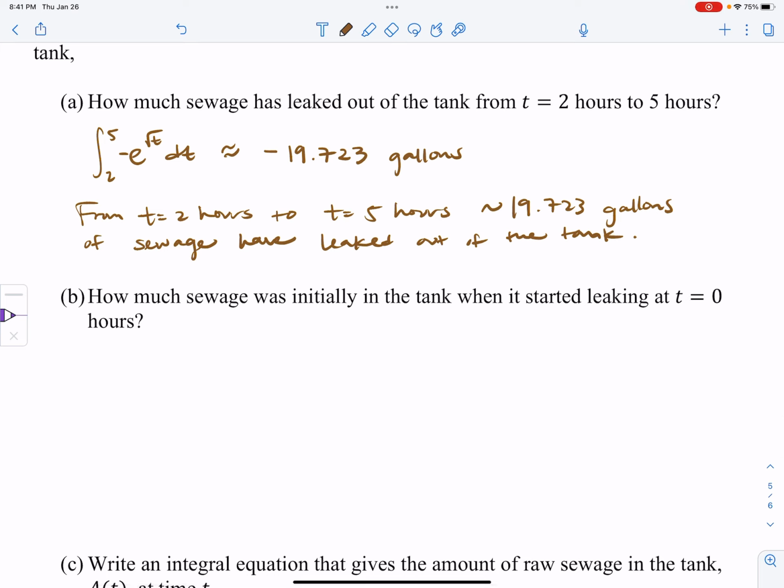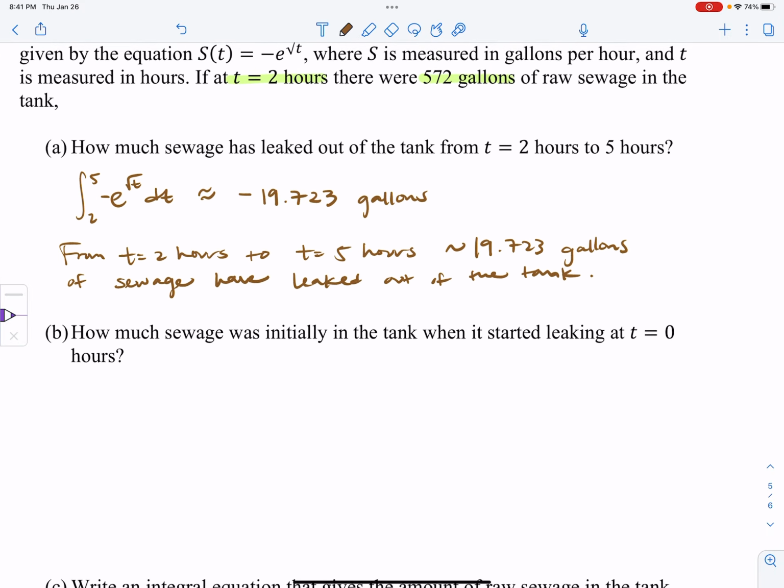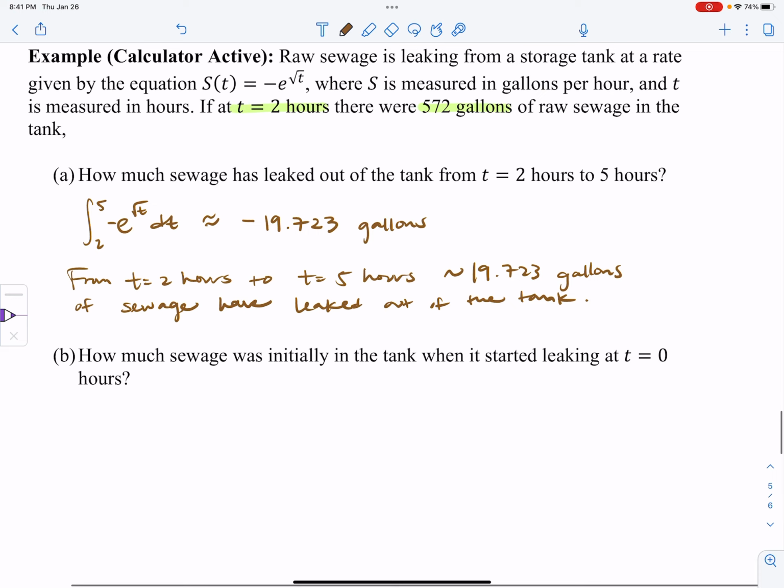Okay, how much sewage was initially in the tank when it started leaking at t equals 0 hours? Okay, well, in that case, we would want to figure out what the net change was.